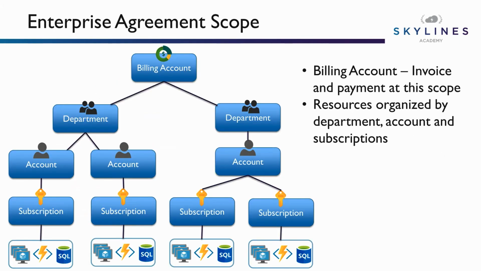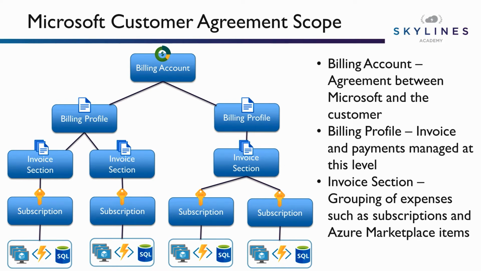An enterprise agreement can be organized with one or more department accounts and subscriptions. Invoices and payments are at the billing account scope. With a Microsoft customer agreement, the billing account is the agreement between the customer and Microsoft, and can contain one or more billing profiles. Services are invoiced and payments are managed at the billing profile.